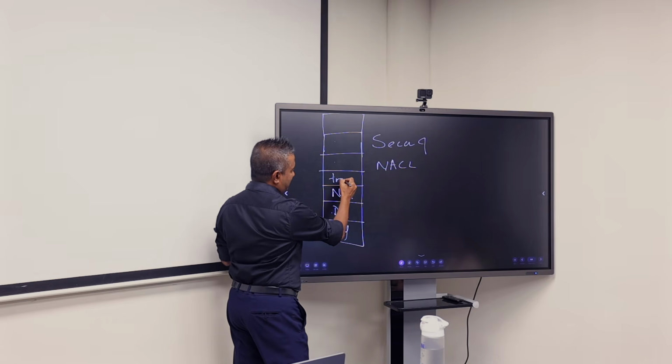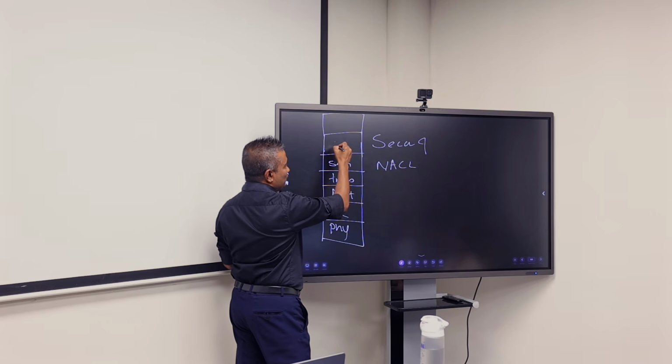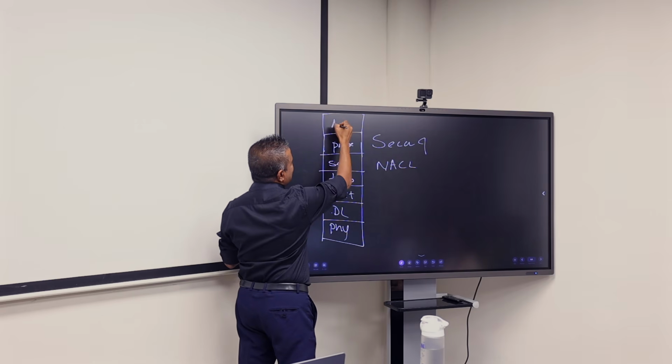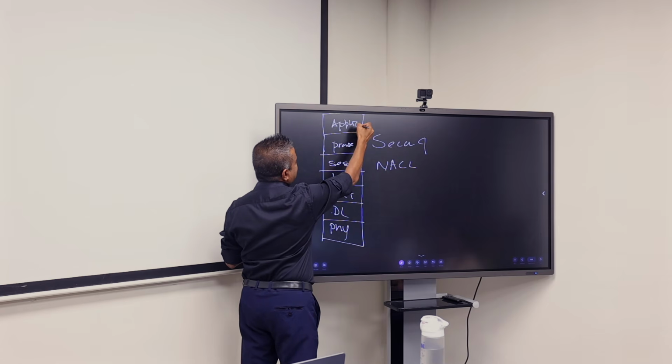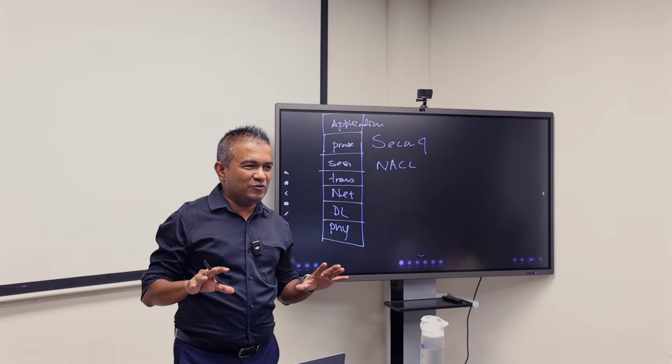First layer, physical. Second layer, data link. Third, fourth. So this is how the OSI model works.